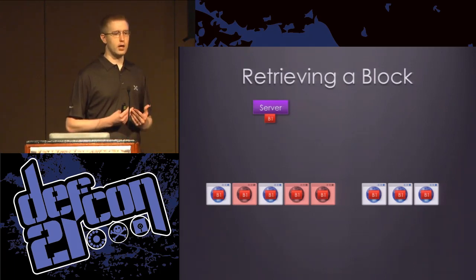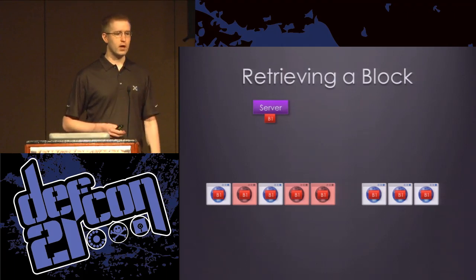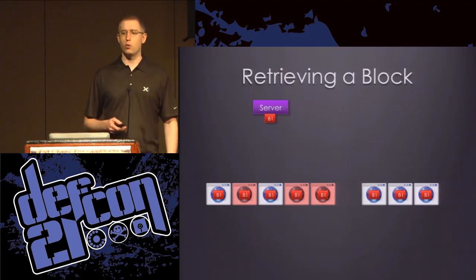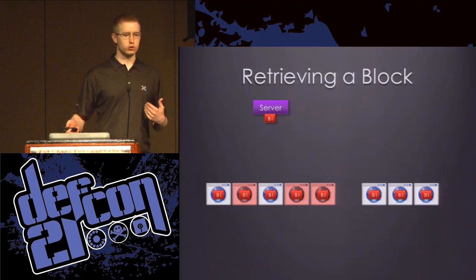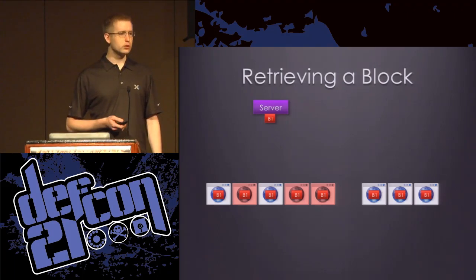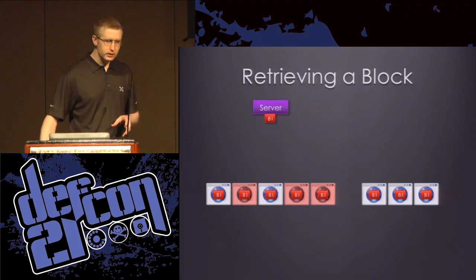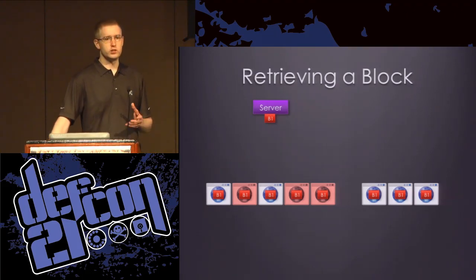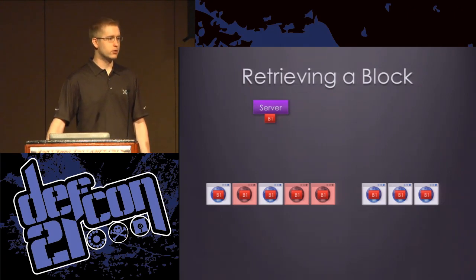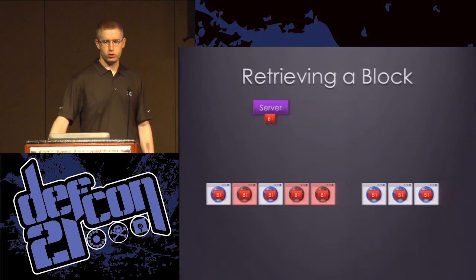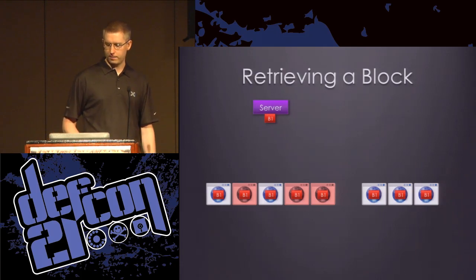The server does a checksum verification on the server side to make sure that what it's getting back is what was actually stored, and then it stores that temporarily in the Redis data store, with an expiration of say 20 seconds. So all of the blocks are requested and stored locally in memory on the server for that time to live.